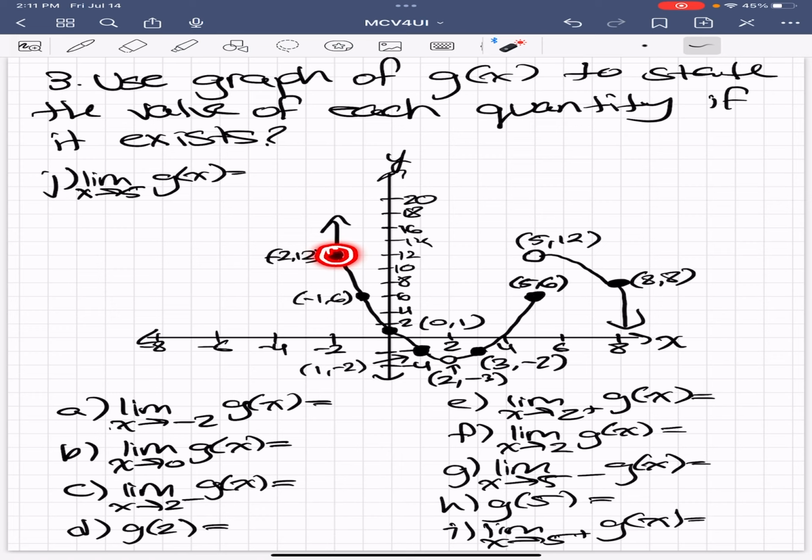As you can see, as it approaches negative 2, the y value is 12. Now on to b. What is the limit as x approaches 0 of g of x? As x approaches 0, the limit is 1.